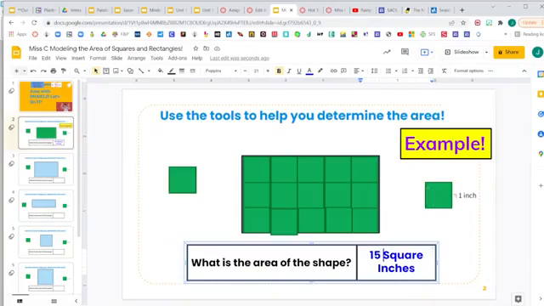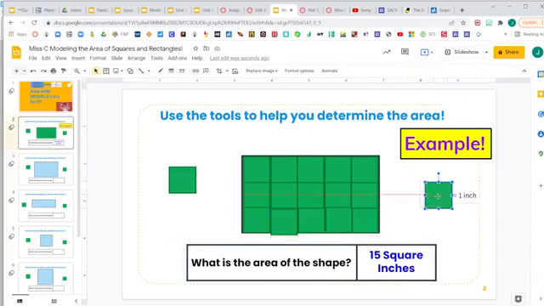So we're thinking about an actual square that's an inch long on each side, and we're talking about the space that it takes up. So when you see square inches, I want you to think about we have actually little squares that are taking up some space. And that's how many square inches it would take to fill up our rectangle.